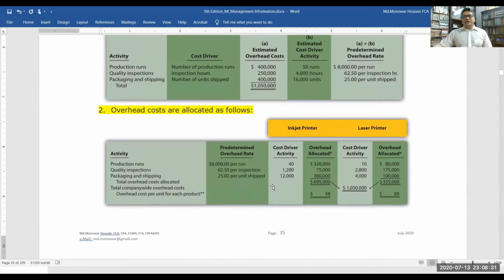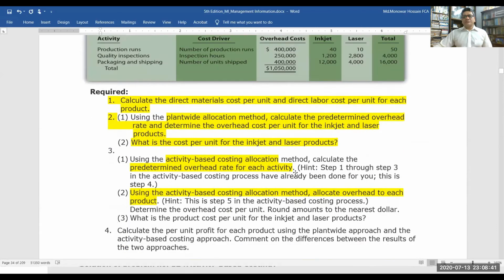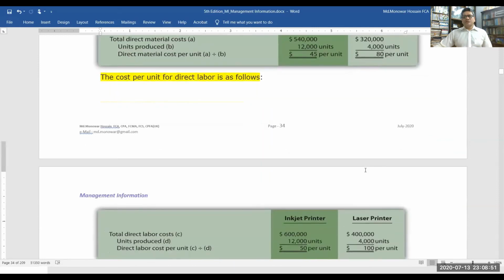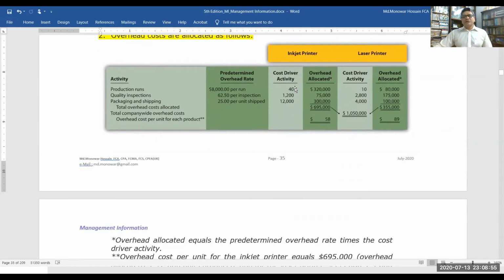And the cost driver activities for the inkjet printer are 40, 1,200, 12,000. In the same way, for the laser printer, 10, 2,800, 4,000.